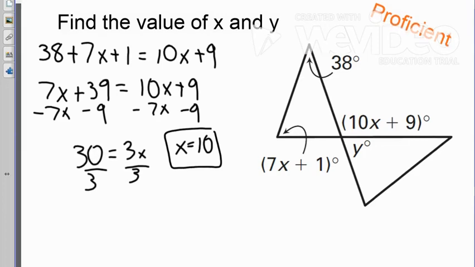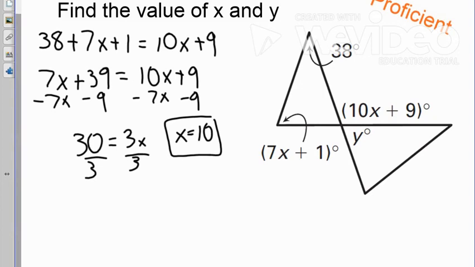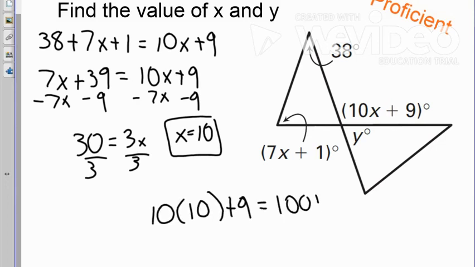Now we're going to find out what y is. Since we know that these 2 are a linear pair, that means their sum is also going to be 180 degrees. So we're going to plug in that value for x to find out what our y is. So we've got 10 times 10 plus 9. So we're going to get 100 plus 9, and that equals 109.